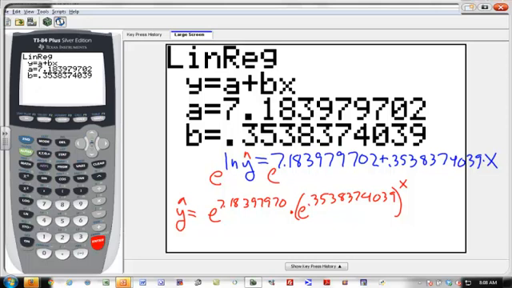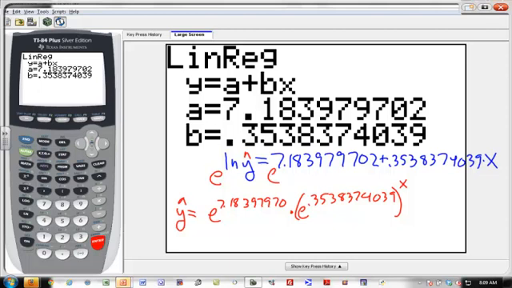Now, e to 7.18 blah blah blah is not probably very meaningful to you. E to the power of 0.3538, that's probably not very meaningful to you. So let's change it to numbers that are meaningful.